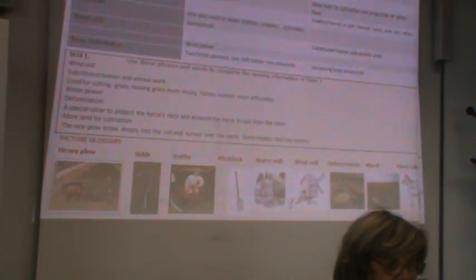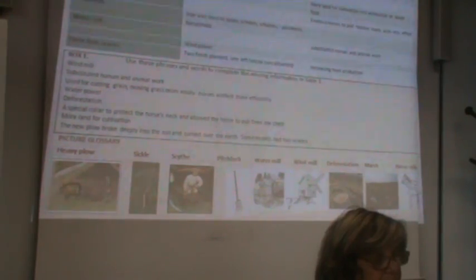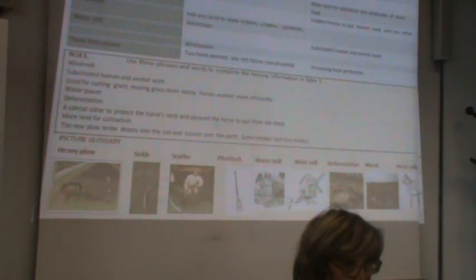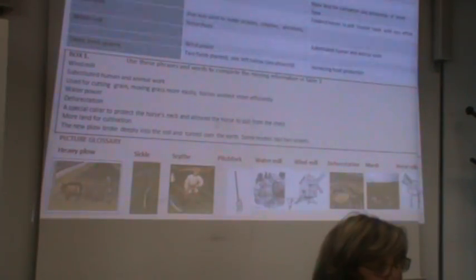The missing words are in the box below. There is also a picture glossary. We know that pictures and images are very important because vision is very important for remembering and identifying some words.